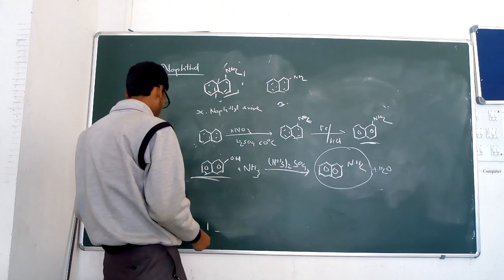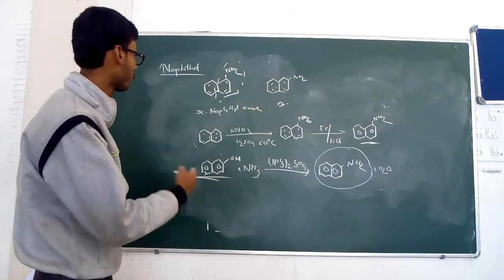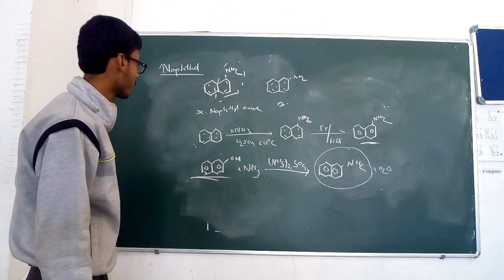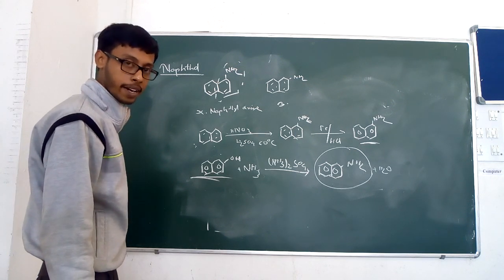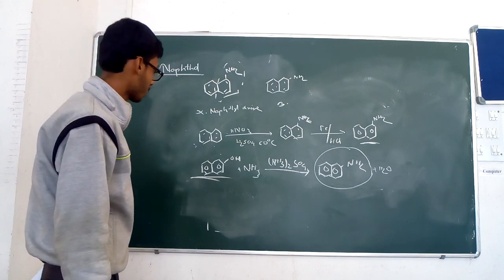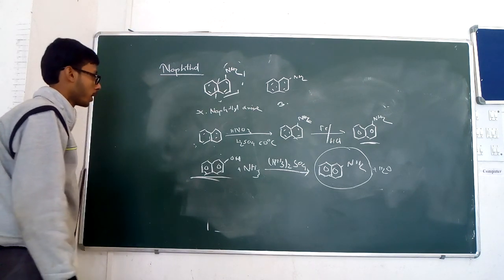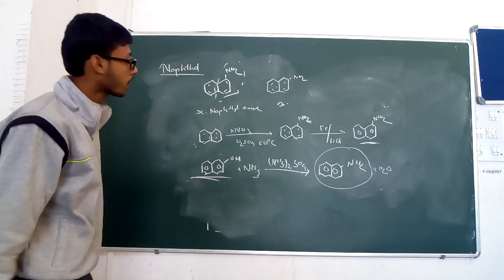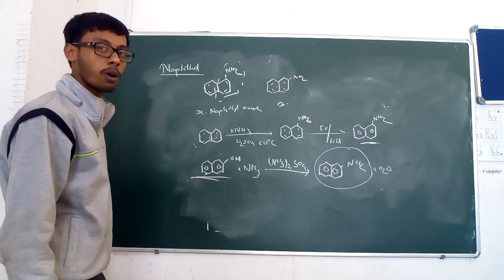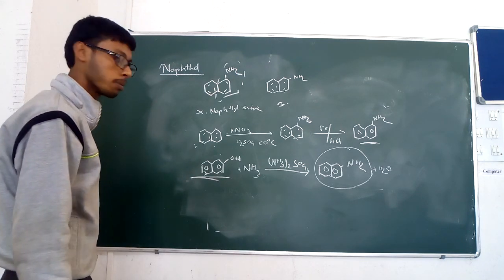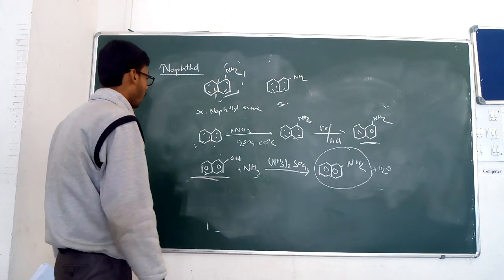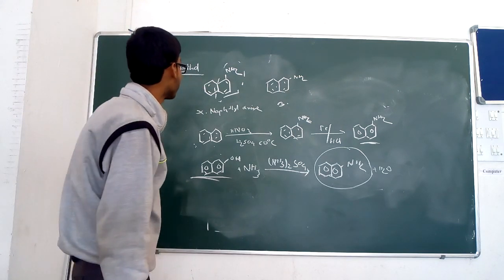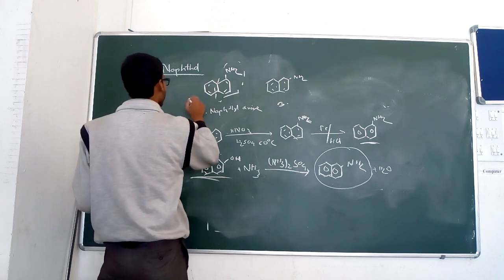So that's about the synthesis of alpha naphthylamine, from naphthol followed by nitration and reduction, and for the synthesis of beta naphthylamine we take beta naphthol as the starting material, followed by the Bucherer reaction.